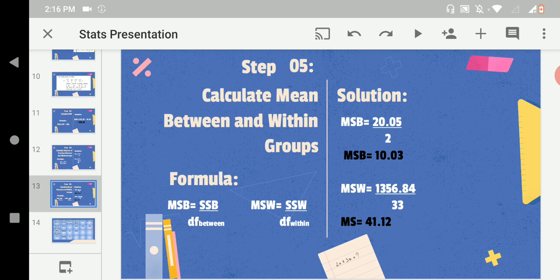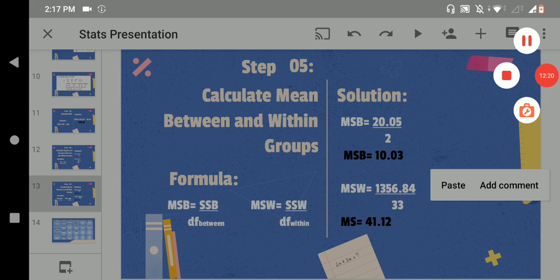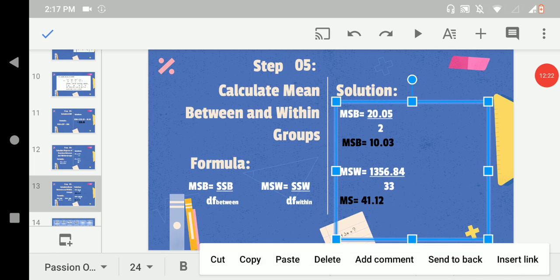Step 5. We have to calculate the mean between and within groups. If a while ago we calculated the sum, this time we will be calculating the mean between and within groups. So here's our formula.